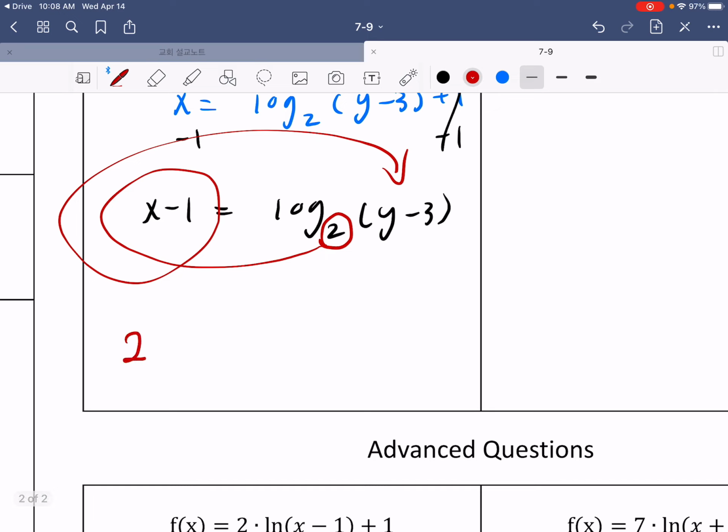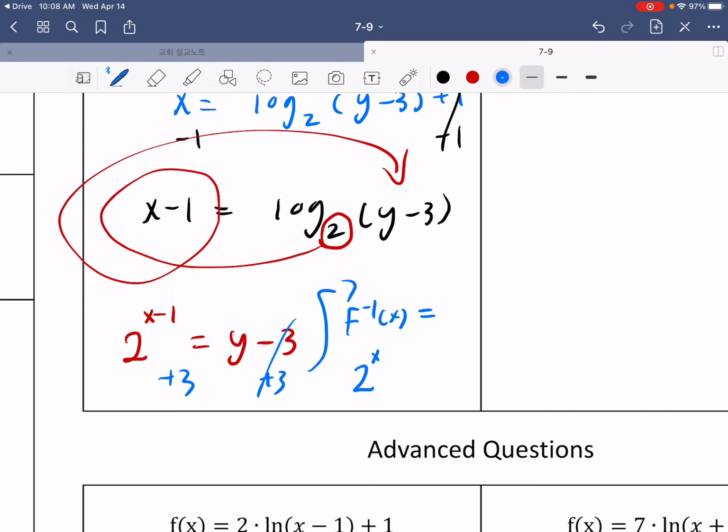So it's gonna be what? 2 to the (x minus 1) power equals y minus 3. Last step, simple. Plus 3 both sides. It's gonna be f inverse of x equals, I don't have space, so let me write it here. 2 to the (x minus 1) plus 3. Okay, like that.